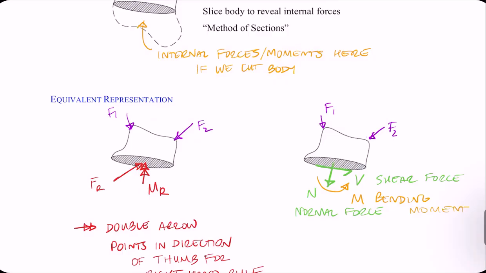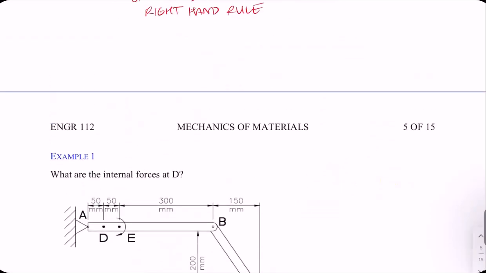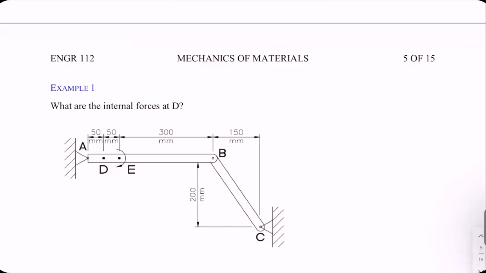Both of those are correct representations of the internal forces. This one tends to be a little more handy of what we're going to use for design purposes and analysis of our members. So let's actually do it. So we're going to take our equilibrium equations we reminded ourselves of, we're going to take our boundary conditions, our supports, and we're going to solve for some internal forces.